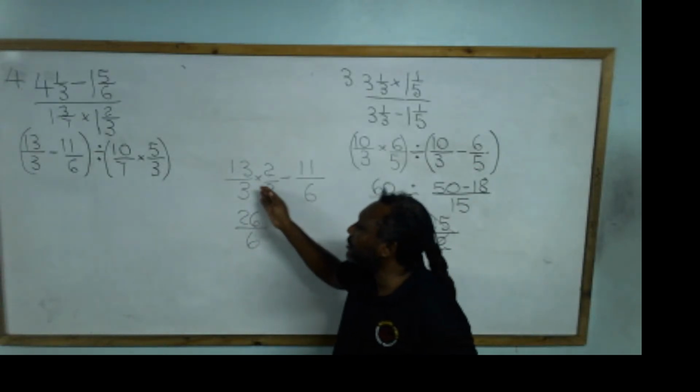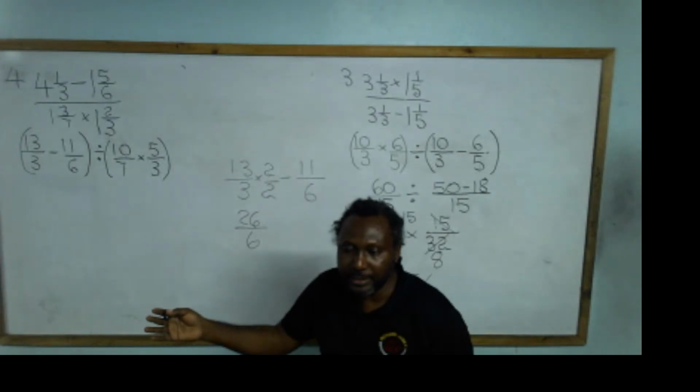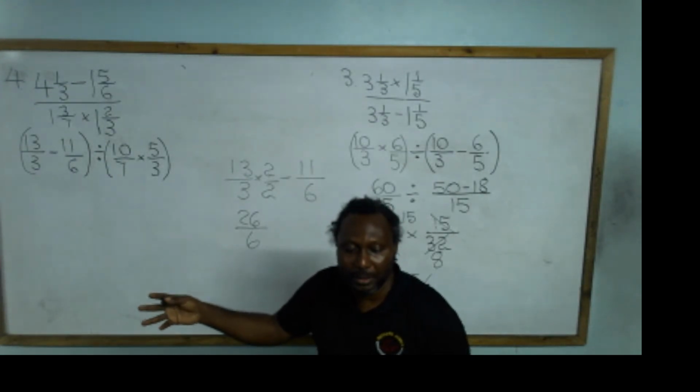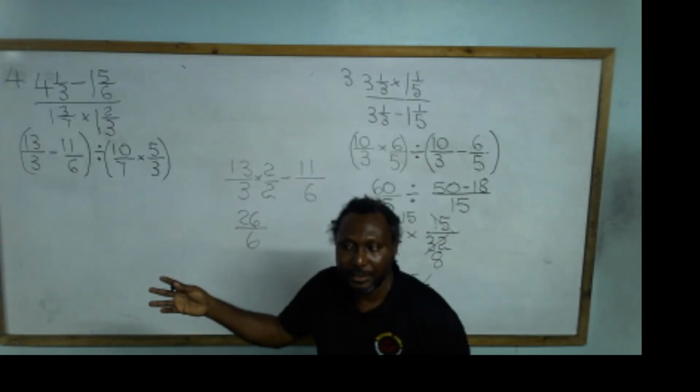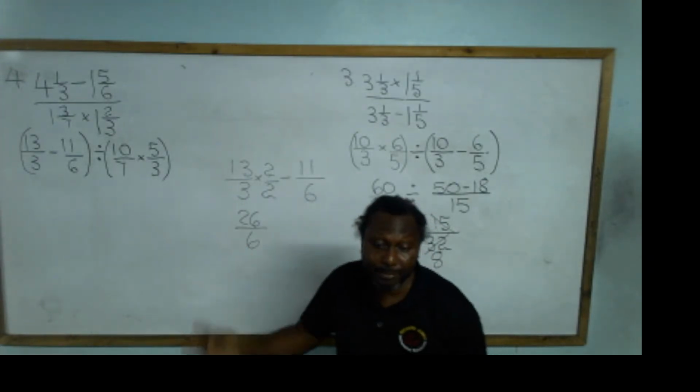So you should see that this is 26 over 6. Students, if you multiply both numerator and denominator of a fraction by the same number, the fraction is in different terms, but the value of the fraction is the same.